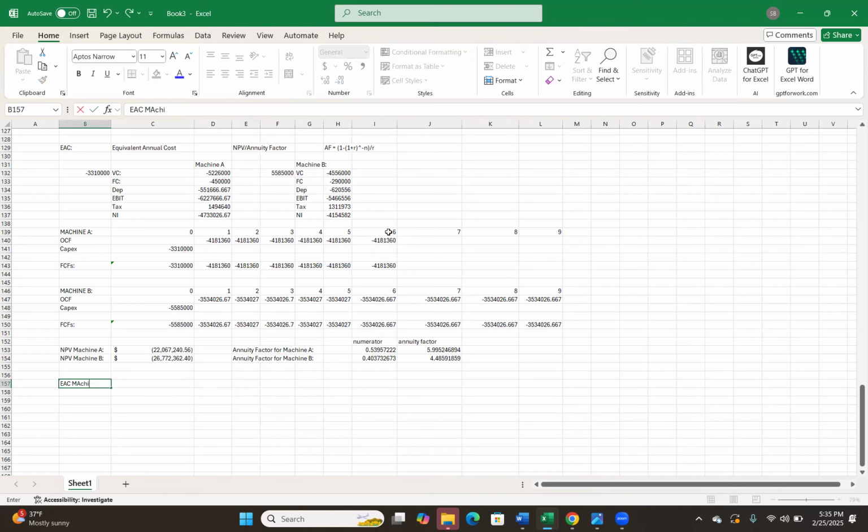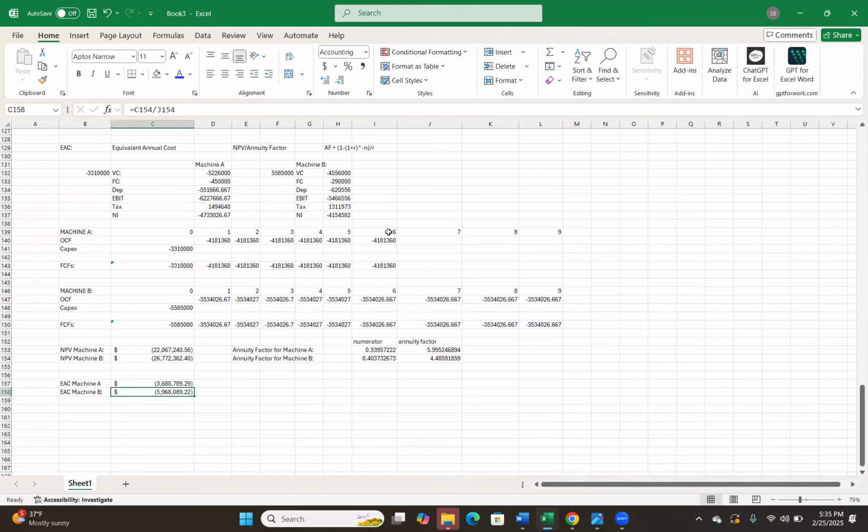EAC machine A and EAC machine B. So A is going to be NPV for machine A divided by annuity factor for machine A. And then same thing down here.